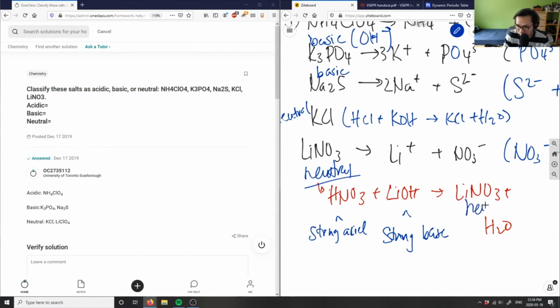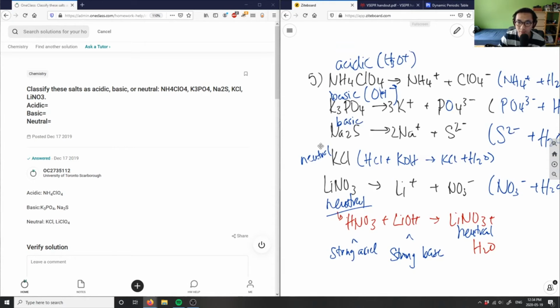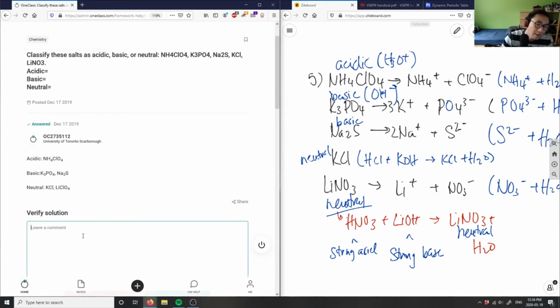So therefore, this guy here is neutral. So in this case here, I have acidic, basic, basic, neutral, neutral. And so I have acidic here, which is good, basic with K3PO4 and Na2S, which is good, KCl, which is neutral, LiNO3, not LiClO4 here, which is neutral as well. If this was actually ClO4 here, this guy would actually change this property here. So the solution is incorrect due to a mistype or something like that.